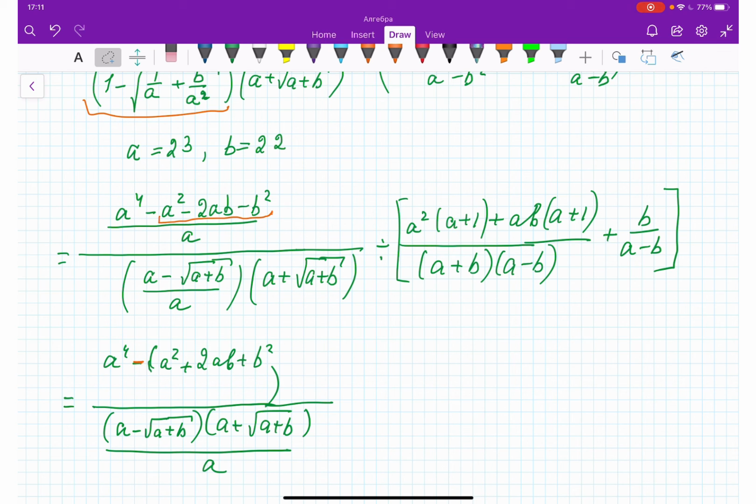And divide by a. We use a thicker line here so you can see this is the main division. There we go, main division line.